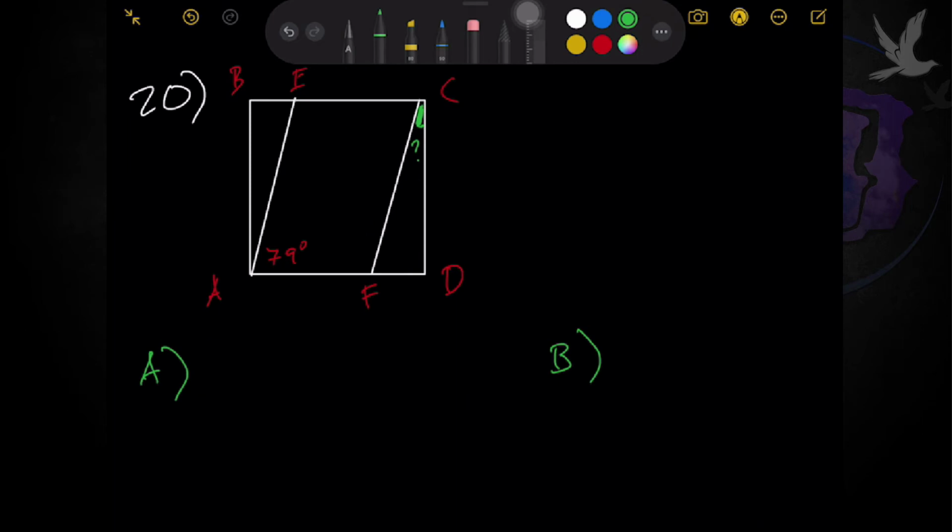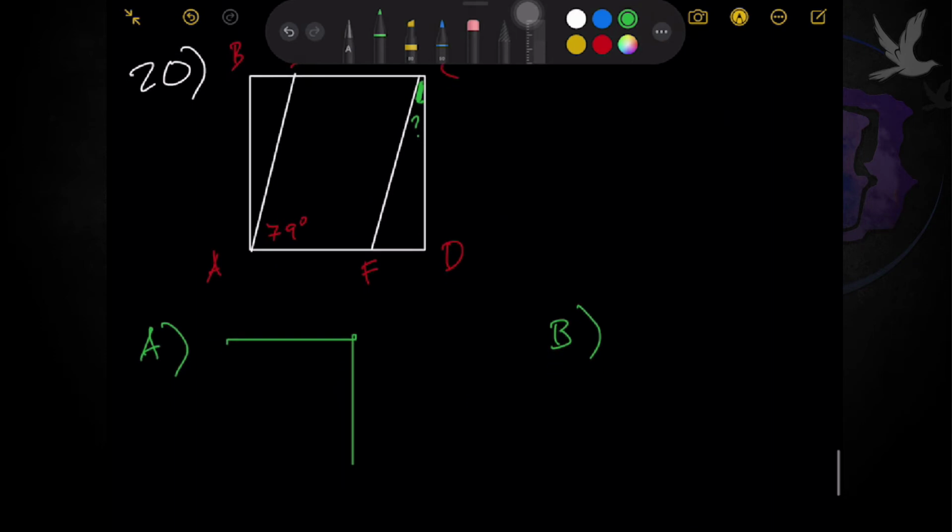One is by making use of this corner. Yun na nga yung right angle na. Ito. The right angle part. And the other one is to make use of the scalene triangle.